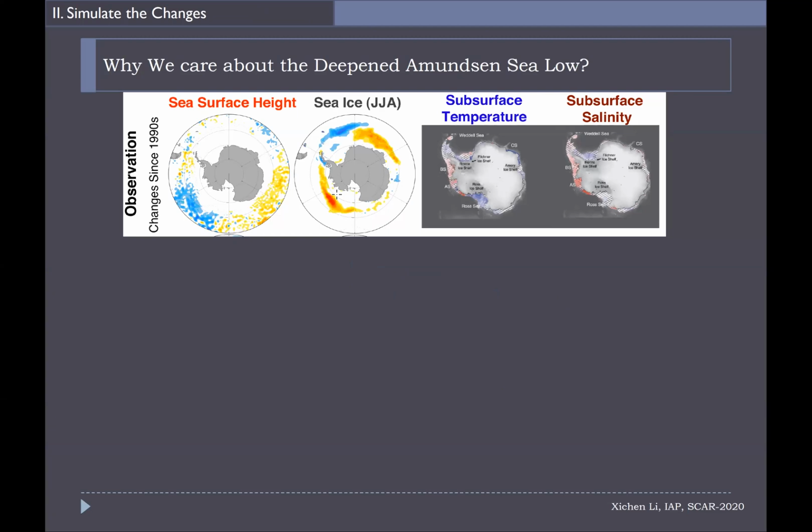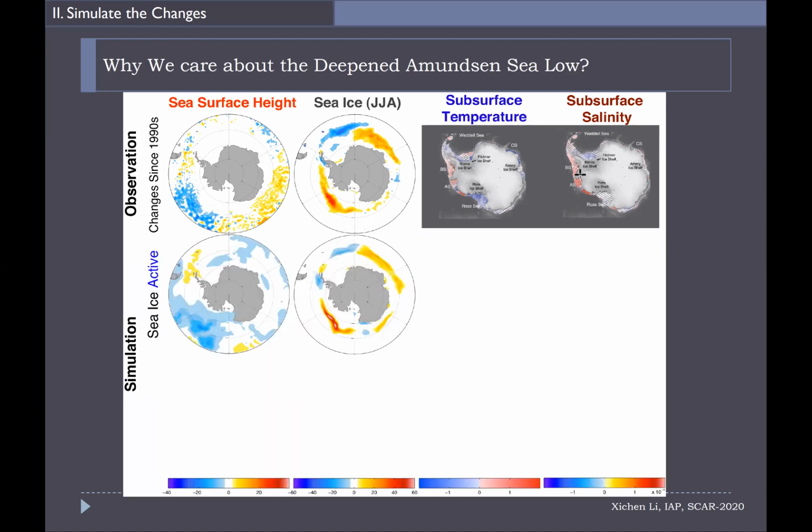So the first row is the observed changes: the observed sea level and basically the ocean circulation changes, the observed sea ice changes, and the observed subsurface temperature and salinity changes. So first we use the atmospheric changes, basically the deepened Amundsen Sea Low, to drive the ocean model and sea ice model. So we can well simulate the sea level change.